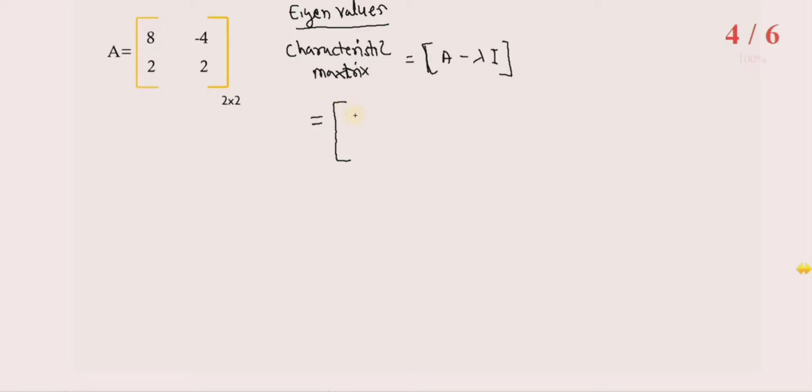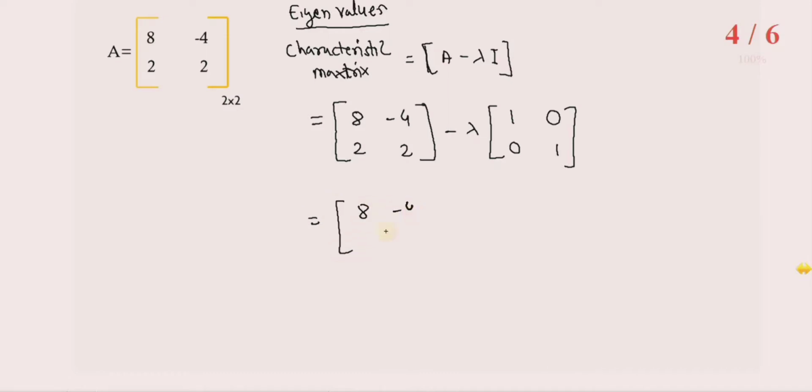A means this matrix 8, minus 4, 2, 2, then minus lambda times the identity matrix, that is 1 0 0 1. So this is our identity matrix. So we can write here 8 minus 4 2 2 minus lambda, multiplied with this identity matrix.